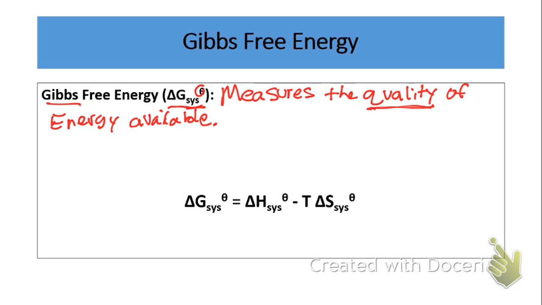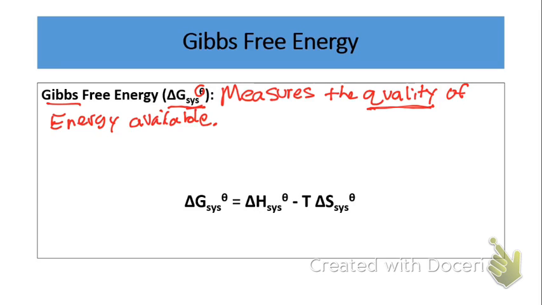Not all energy is of the same quality. Some energy is junk energy. For instance, heat energy is considered junk energy because heat energy really is not useful to us. All right? What we're looking for is energy that we can create from a system that has good quality. Why?